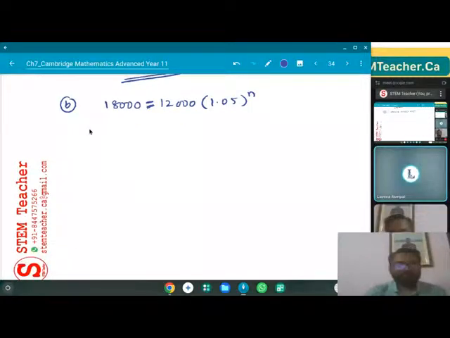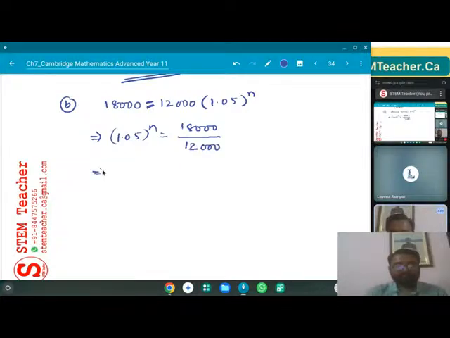This implies 1.05 to the power of n equals 18,000 by 12,000, which is 3 by 2.